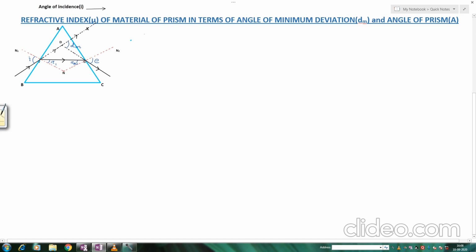So let us write this one. The ray which suffers minimum deviation passes symmetrically through the prism.